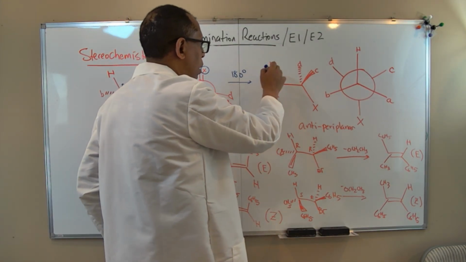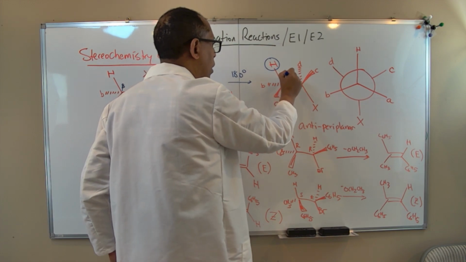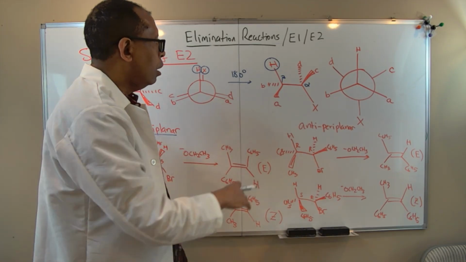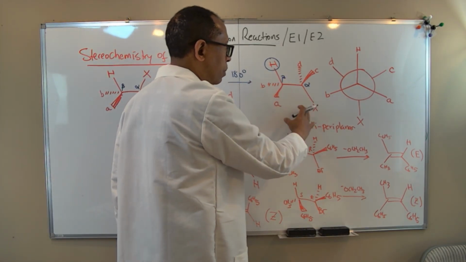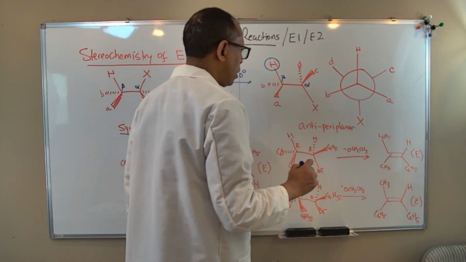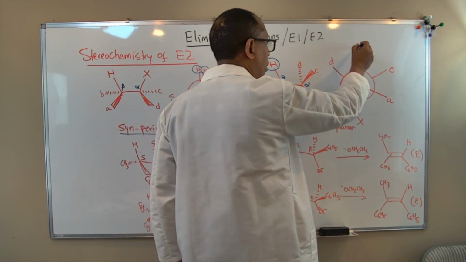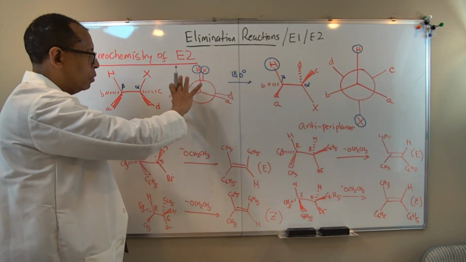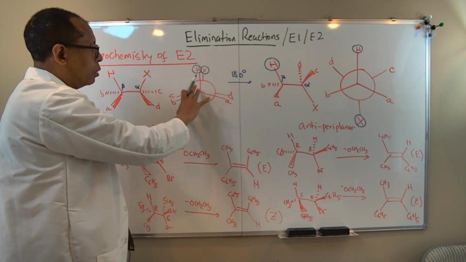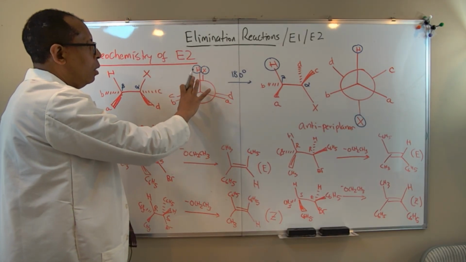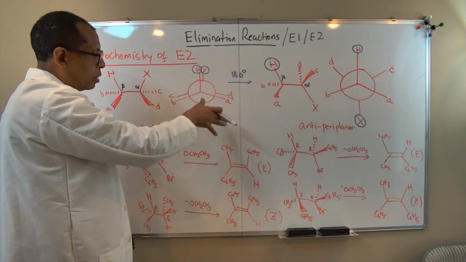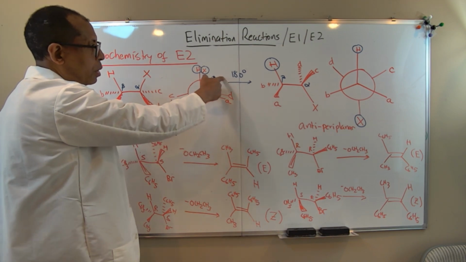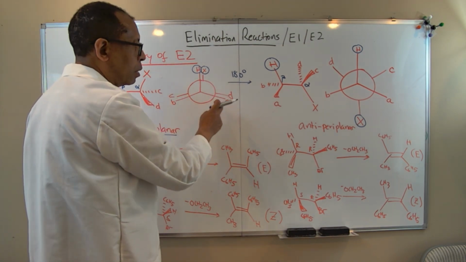That means the hydrogen on the beta carbon and the alpha halide would have an anti configuration. Anti means 180 degrees. Keep the front carbon, hold it there, and rotate the back by 180 degrees. D would come here, C would come there, and A would be here.